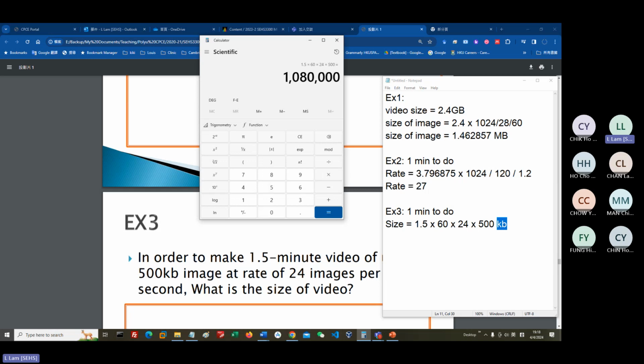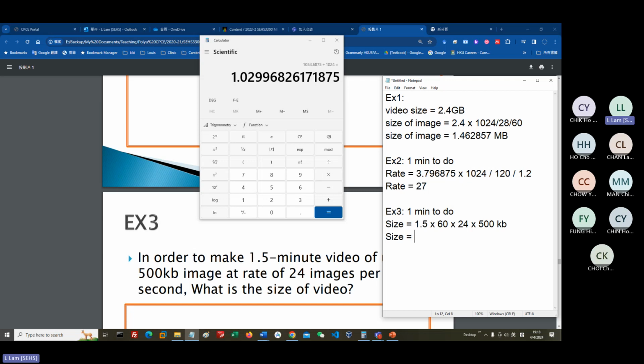This one is a pretty big number, and you may consider turning it into, let me do one step, this one is megabyte, and then if you divide further, this one would be the giga. So therefore, the size there, maybe I should get back.